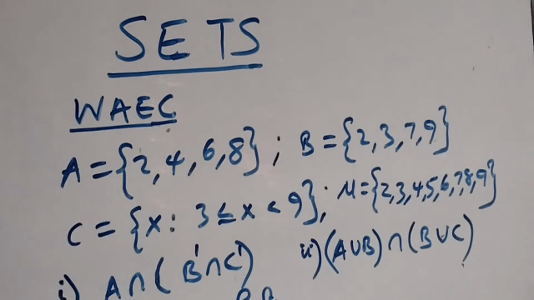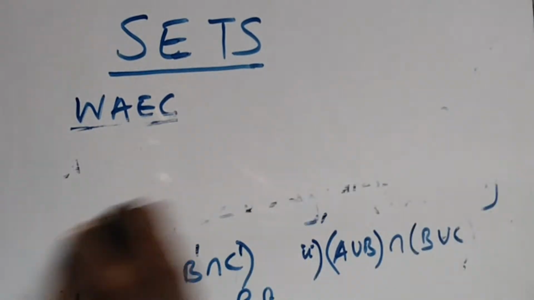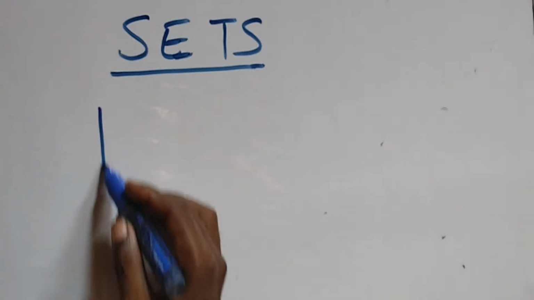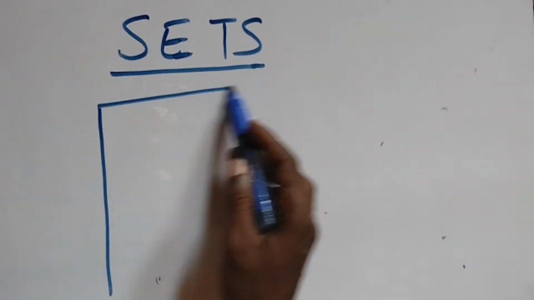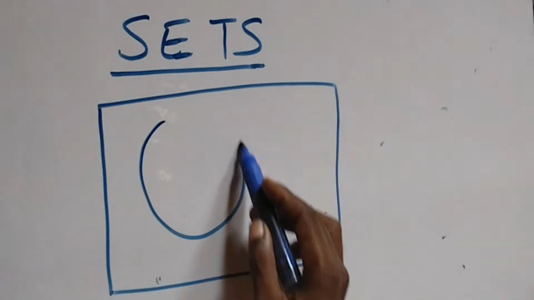So let's consider the Venn diagram. You are given this particular diagram and the three intersecting circles.